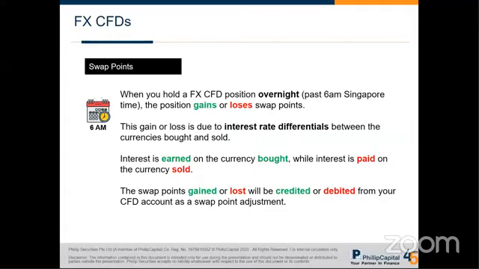So the interest is earned based on the currency you buy, and the interest is paid based on the currency you sell. In this case, you are earning more interest than the interest you are paying. The swap you gain or lose will be credited into your CFD account, and reflected as a swap point adjustment.